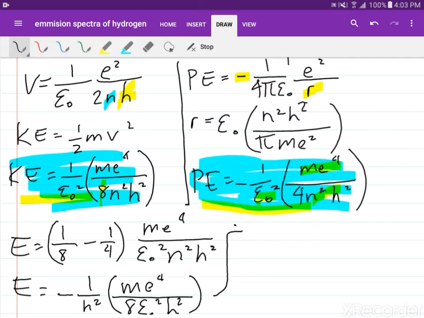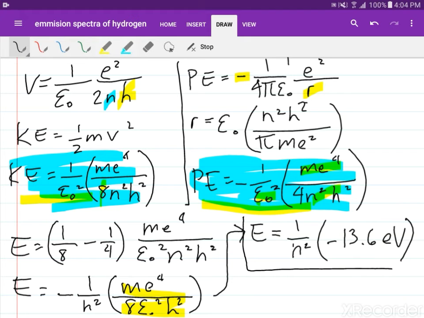Now, if we try to simplify all these constants in this term, we would see that our energy can be expressed by 1 over n squared times negative 13.6 electron volts. So this is our result.